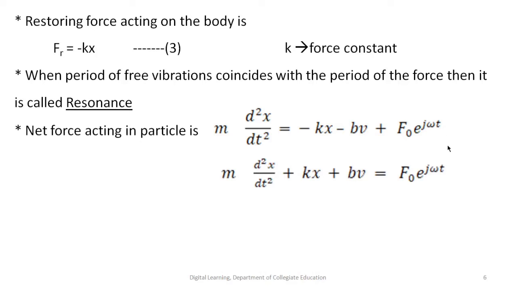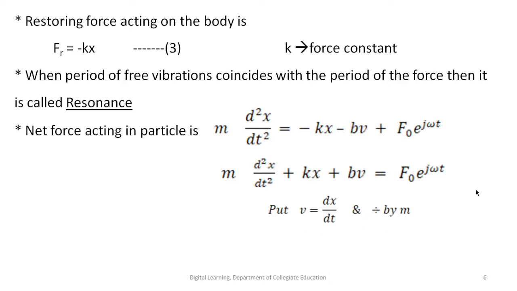So I am rearranging this. m into d square x by dt square. Minus kx on this side becomes plus kx. Minus bv on this side becomes plus bv, which is equal to F naught e power j omega t.